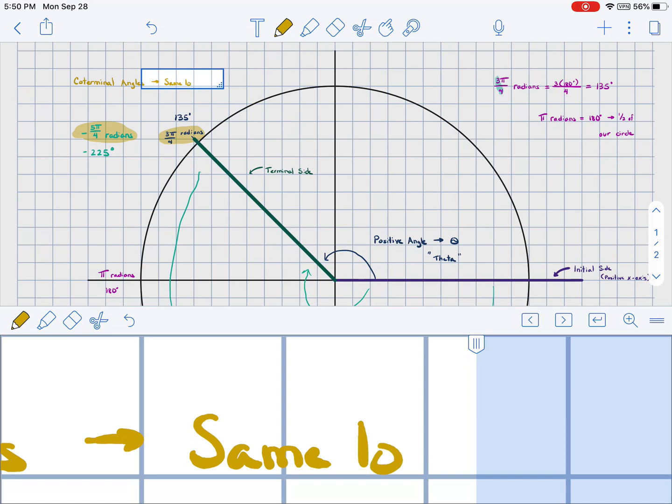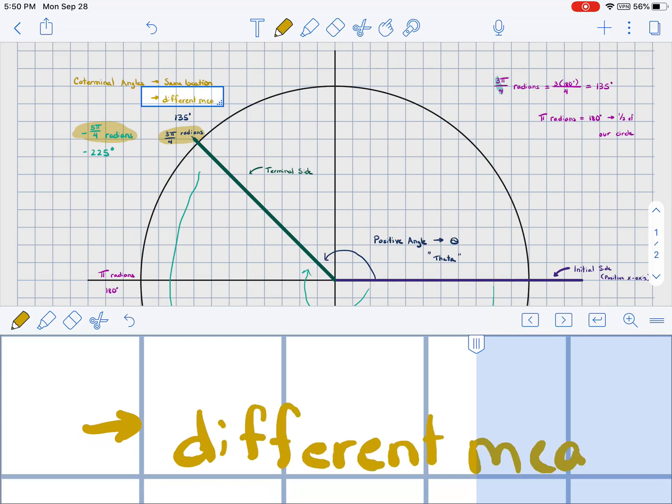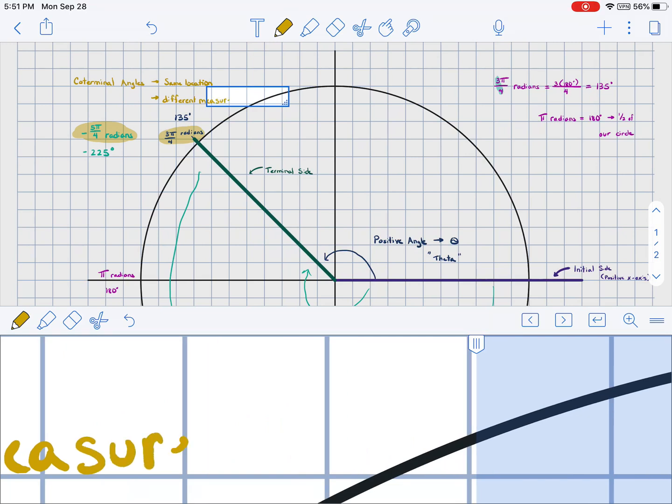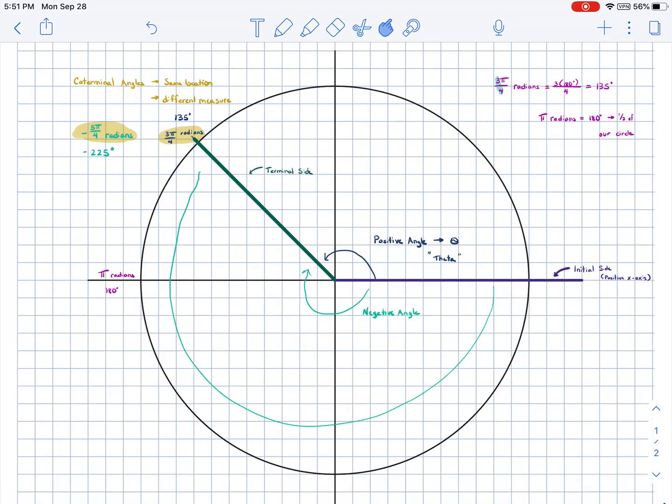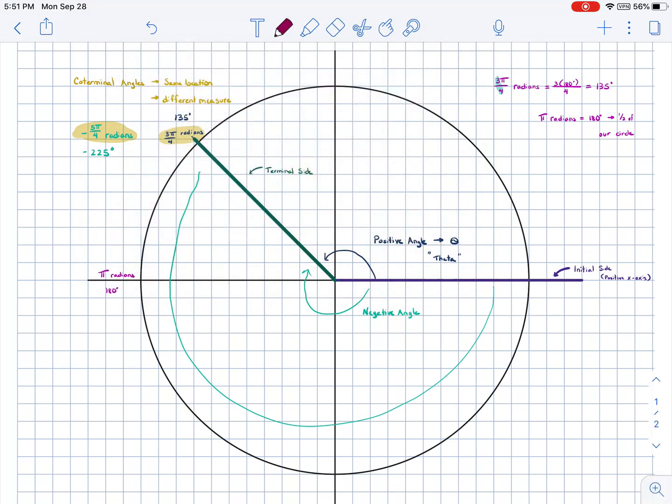Same location, different measure. And what's fun is I could actually come up with a gazillion different coterminal angles, because anytime I can spin around this thing a lot if I wanted.